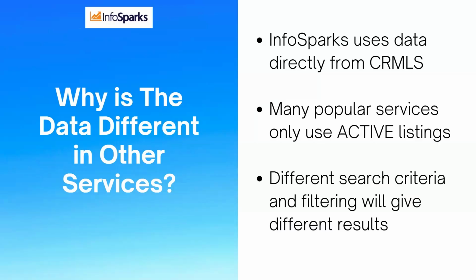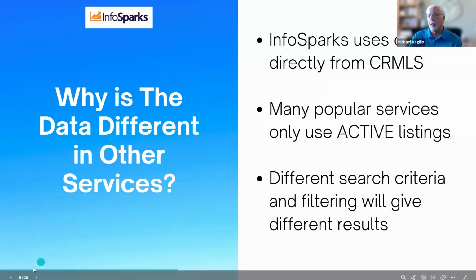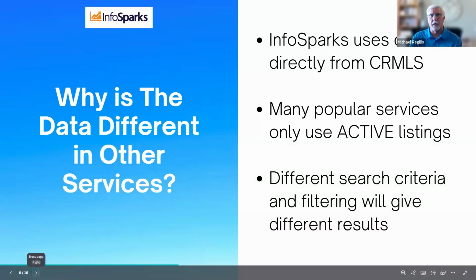It's used a lot, and it's one that only uses active data. And when you see the difference, you'll see that the numbers are different for active listings versus the things that have actually gone into escrow and closed.